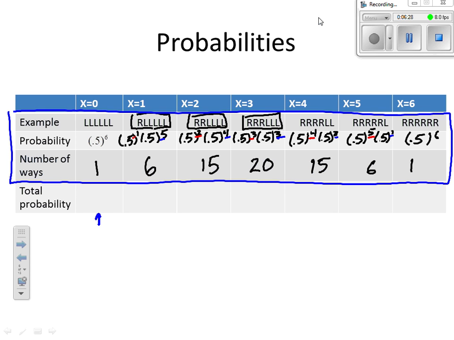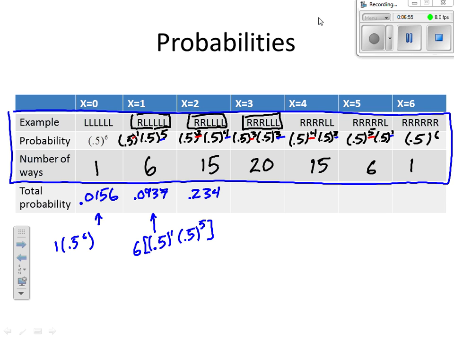But total probability, there's one way to get 6 left turns. There are 6 ways to combine 1 right turn with 5 left turns, right? And so those probabilities: 0.0156, 0.0937, 0.234, 0.312, 0.234, and again, this would be 15.